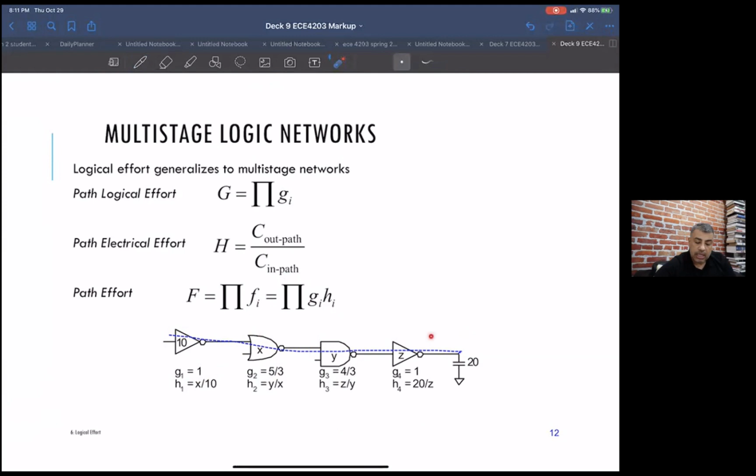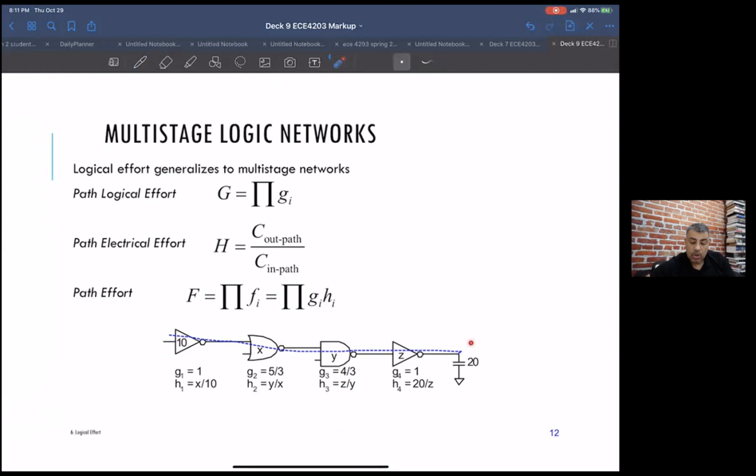So let's say you have this example: a 10 times wide inverter, and for the sake of discussion you want this functionality. At the output, you've got to NOR this thing, then NAND it, then invert it. You know that, but you don't know what sizes to make these gates.